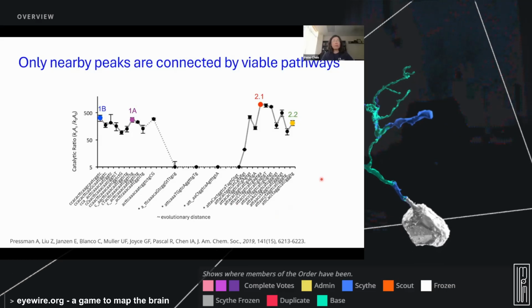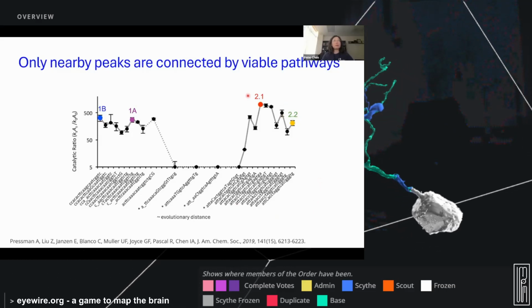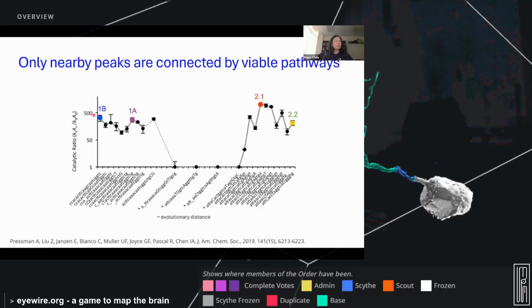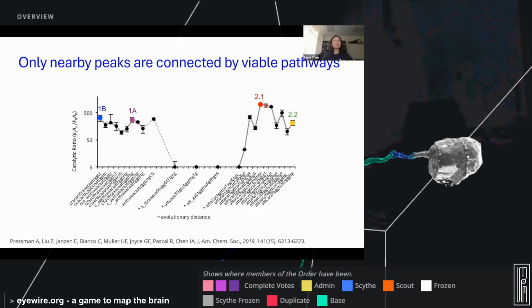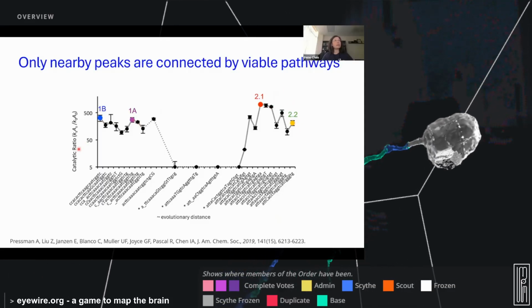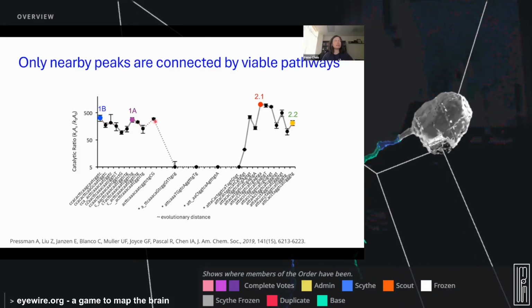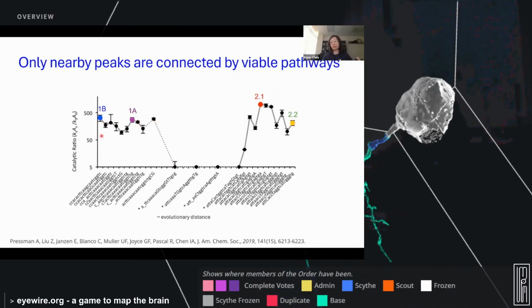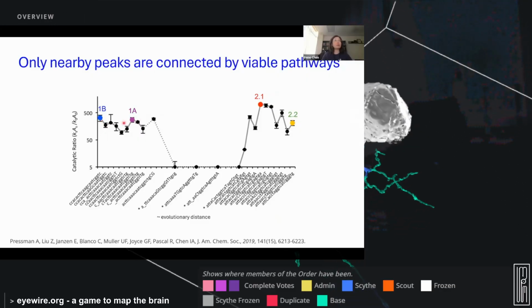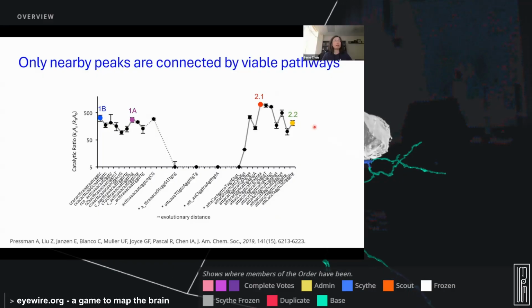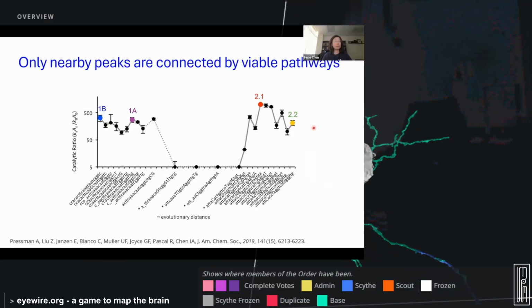So here's an example of one of the better pathways that we were discovering. These colored dots indicate some of the higher activity sequences that we found, and the intermediate points, these black dots, this is just one example of a relatively good pathway going between these different local optima.